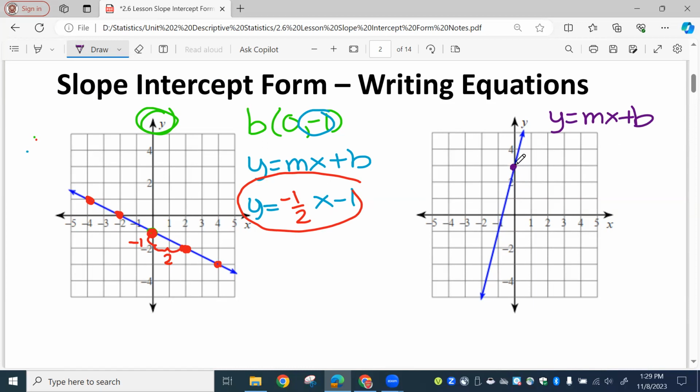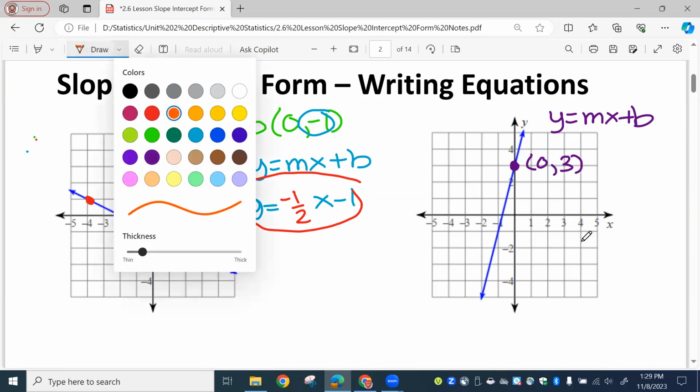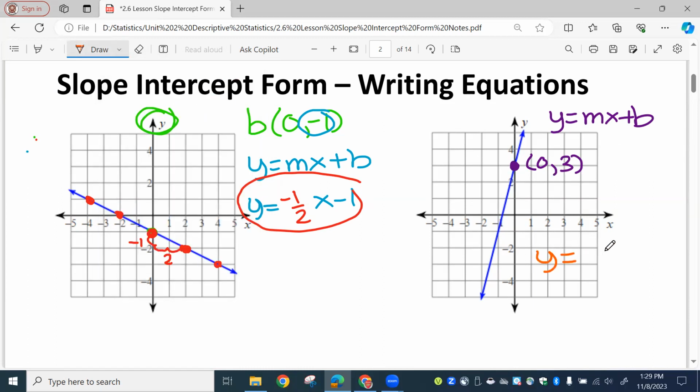Let's try that again. Here I have my intercept. The x value is always 0. The y value here is 1, 2, 3. And so that means when I start building my equation, b comes from the y value of my intercept, which is +3. So I do +3.